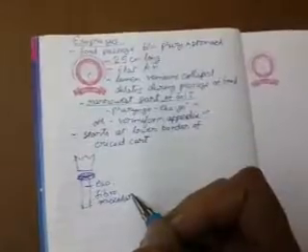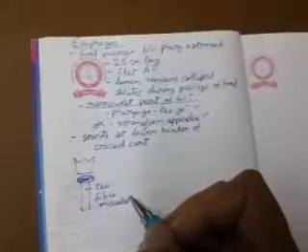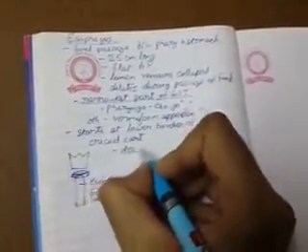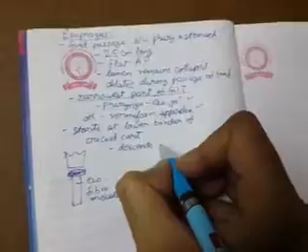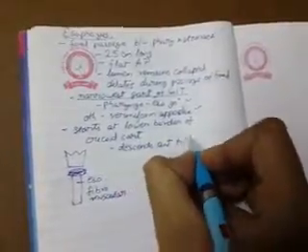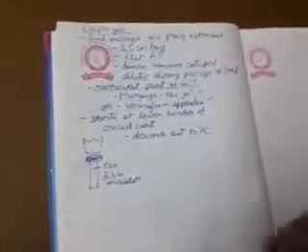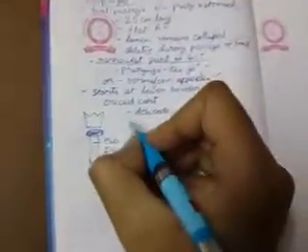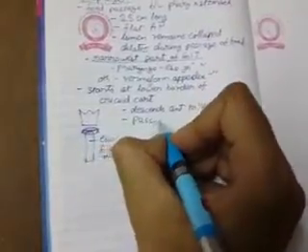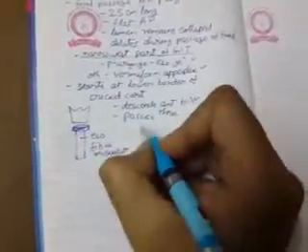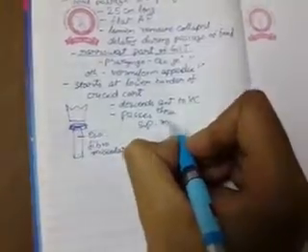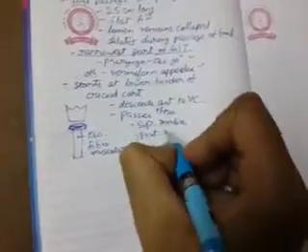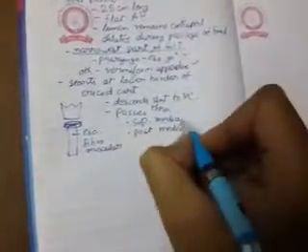It descends in front of the vertebral column through the superior and posterior part of the mediastinum. It descends anterior to the vertebral column and passes through the superior mediastinum and the posterior mediastinum.